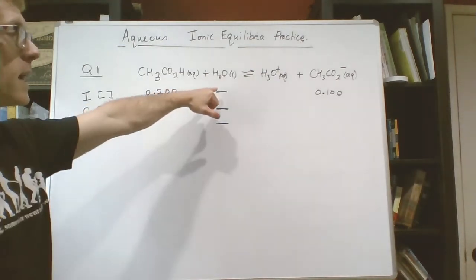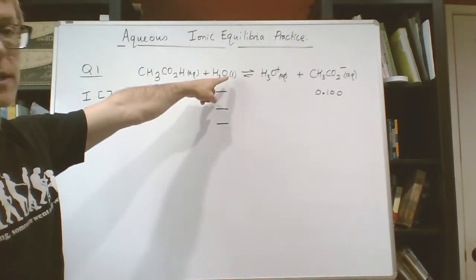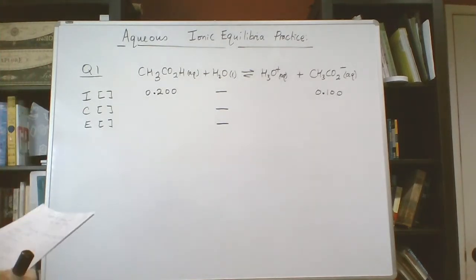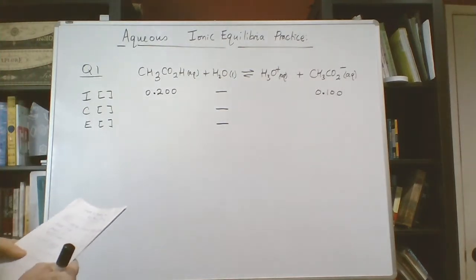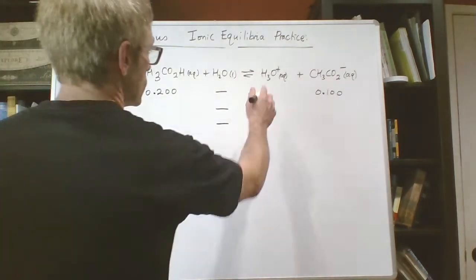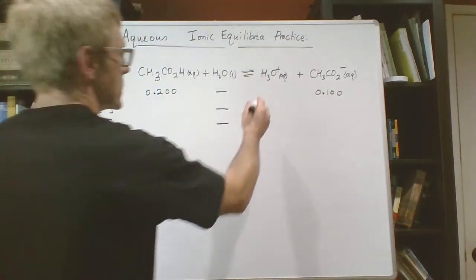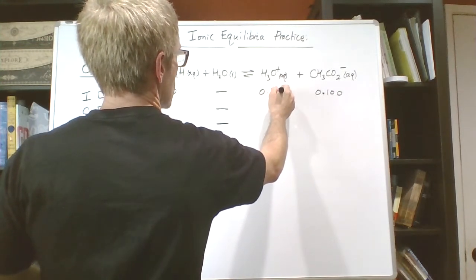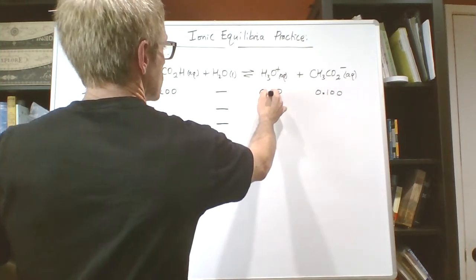We have drawn lines for water because liquids and solids don't participate in dynamic equilibrium. We know that we initially don't have any acids, so we can say that that's 0. We just have our buffer.